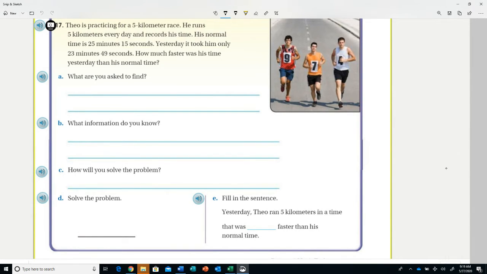So I'm debating on putting the difference in time. So I guess it's basically here. How much faster? Oh, writing with a stylus is not always neat.